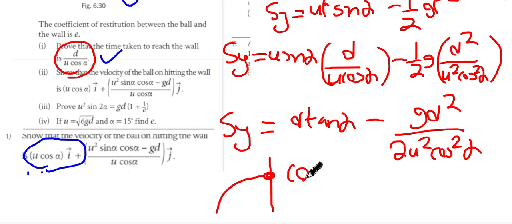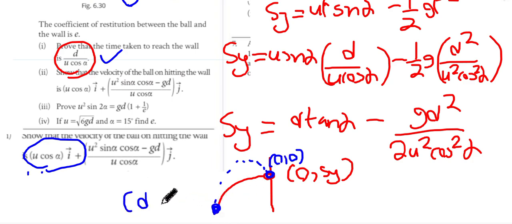This is the point 0 sy. Agreed? But on the reverse journey, what did I call this point? Did I not call it 0, 0 on the reverse journey? Do you remember that? And then what would this other blue point be? It would be the point d minus sy.